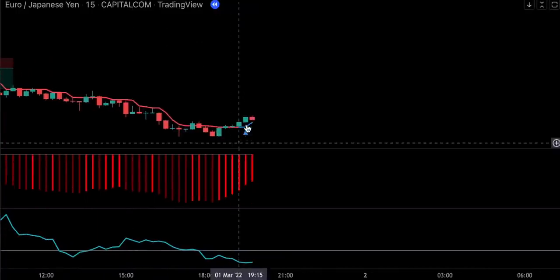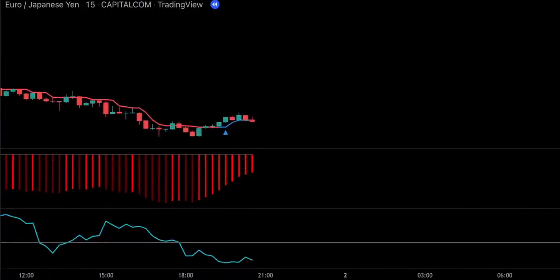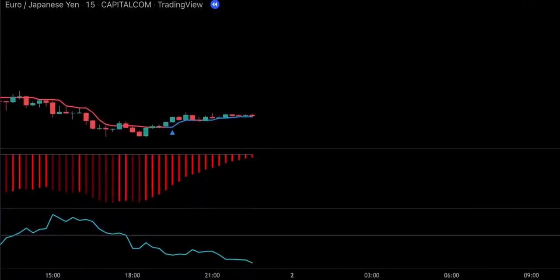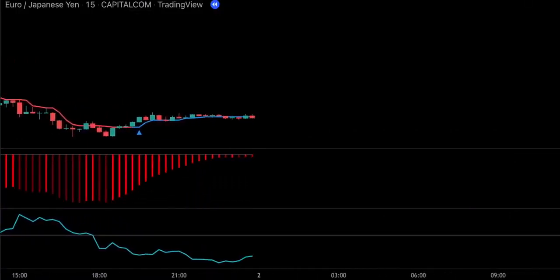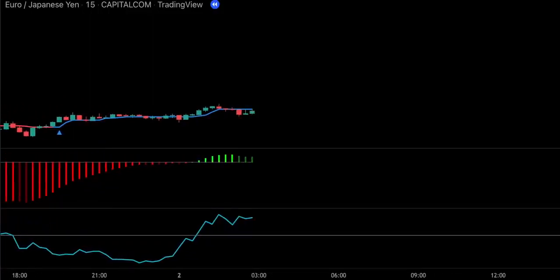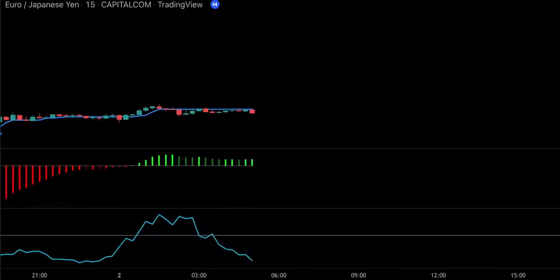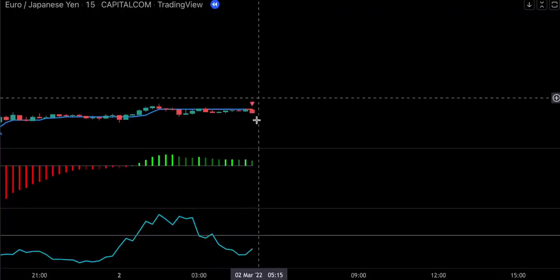This bullish signal is not valid because the rest of our indicators do not agree. This short signal is not confirmed either.